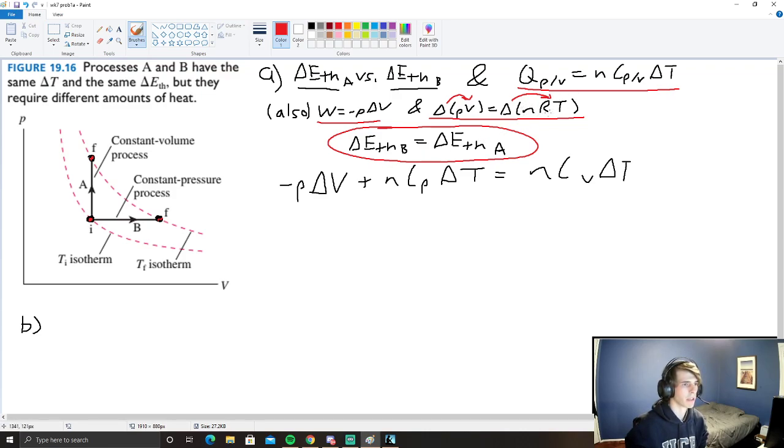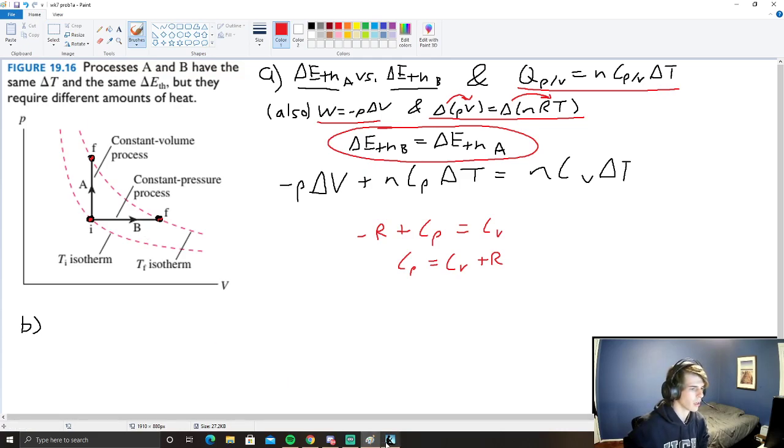So then T cancels out and n cancels out everywhere. Then you're left with negative R plus specific heat at constant pressure is equal to specific heat at constant volume. You rewrite that a little bit, which means that the specific heat at constant pressure is equal to the specific heat at constant volume plus a shift in the gas constant R. So that's super cool.